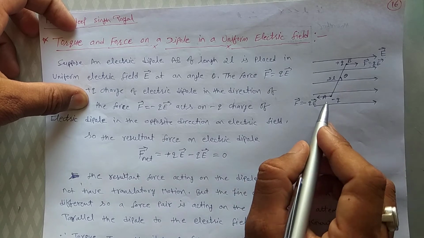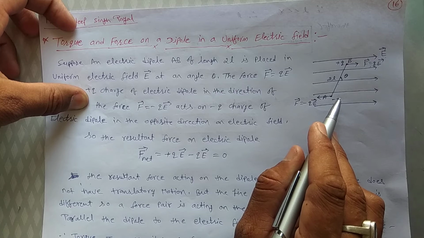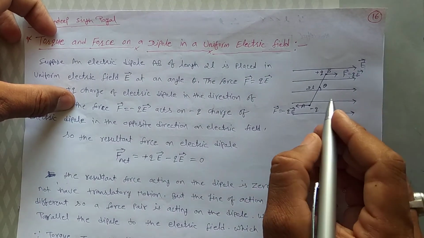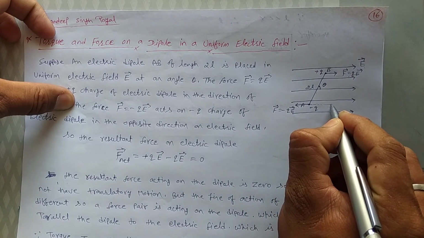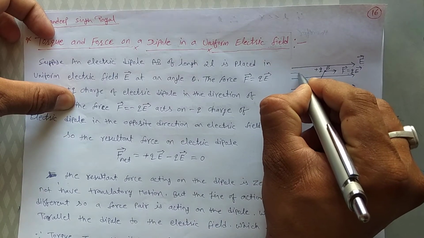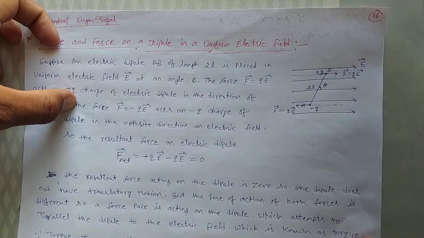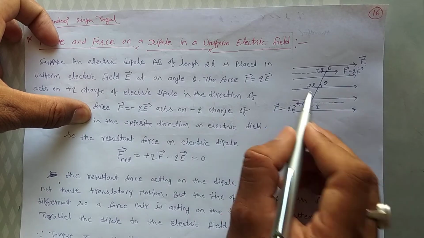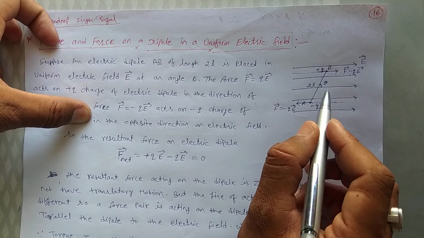So we can say that this dipole does not have translatory motion. But look at the line of action of both forces. This is the line of action of this force, and this is the line of action of this force. We can easily see that the lines of action of both forces are different.